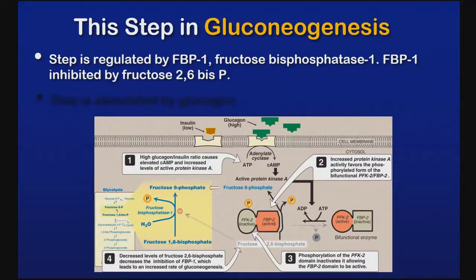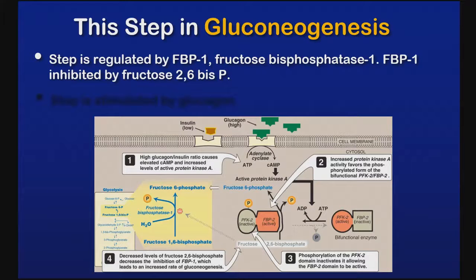So we can say this: when glucagon is bound, the 2,6-bisphosphate level is down. At least you can remember that right away, right? When the glucagon is up, the 2,6-bisphosphate level is down, and gluconeogenesis is stimulated.